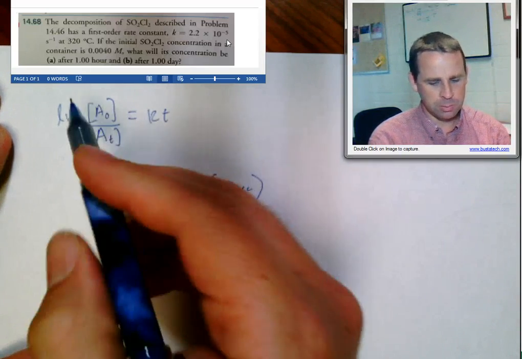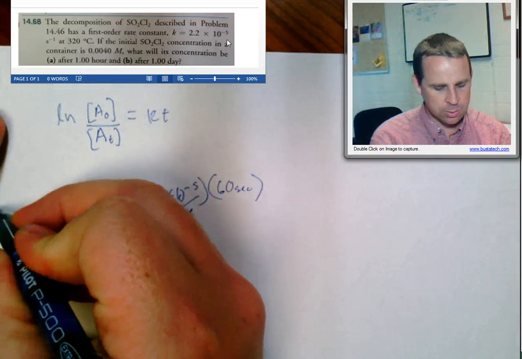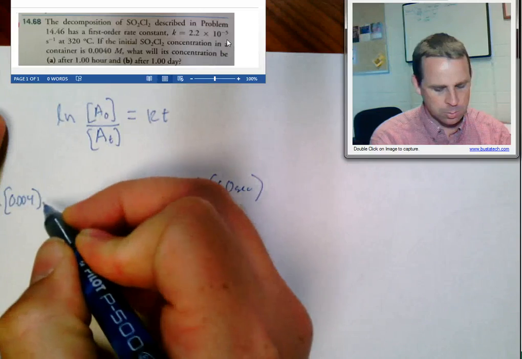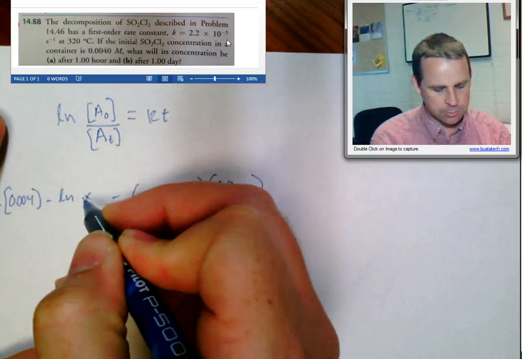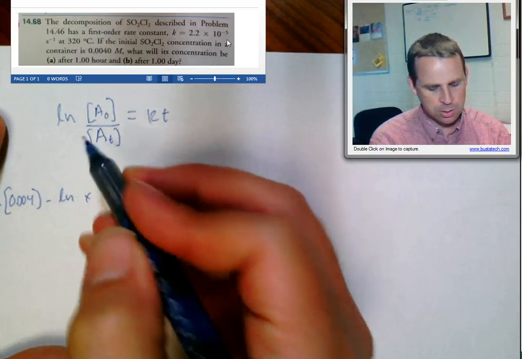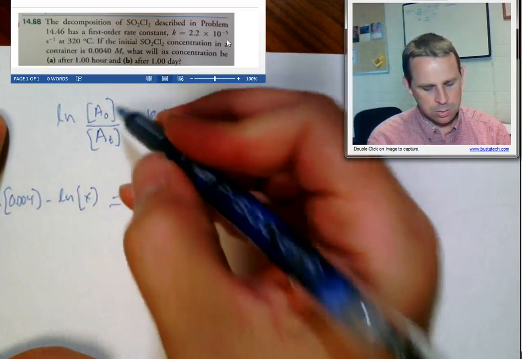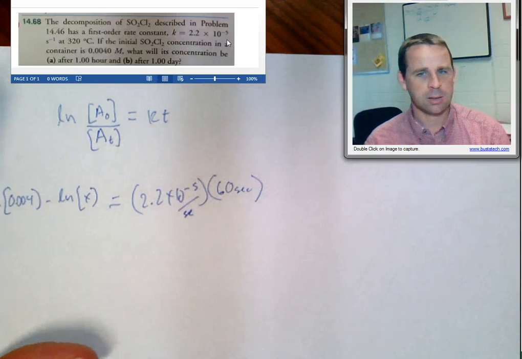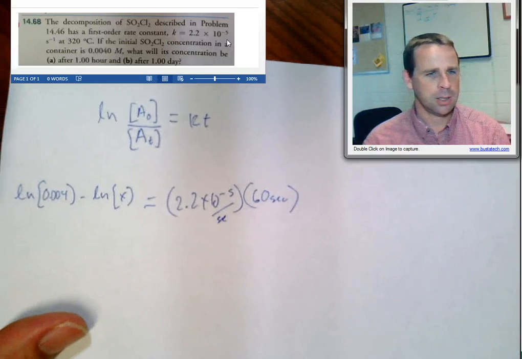So we can break this down by saying the natural log of the initial concentration 0.004 minus the natural log of the final concentration. When you have the natural log of a ratio like that, you can break it down like this.